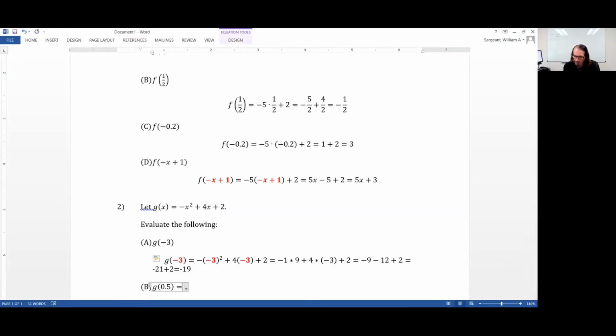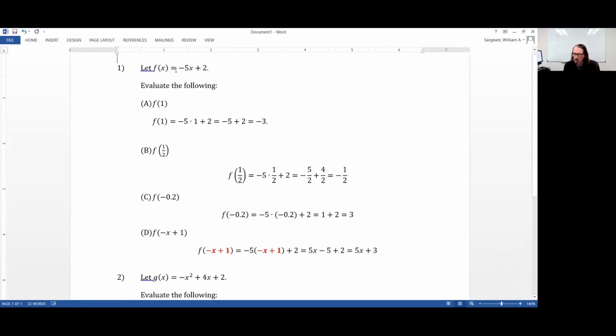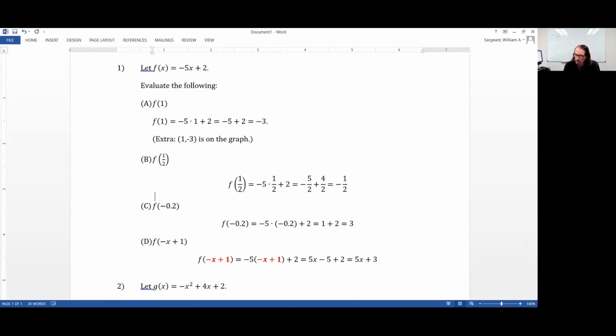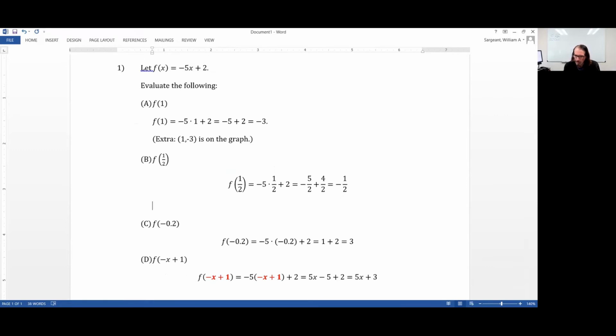One more piece of information to this section. Whatever the graph of f of x equals negative 5x plus 2 looks like, by doing this evaluation, that would tell us that the point 1 comma negative 3 would be on the graph of y equals f of x. Down here, 1/2 comma negative 1/2 would be on the graph.